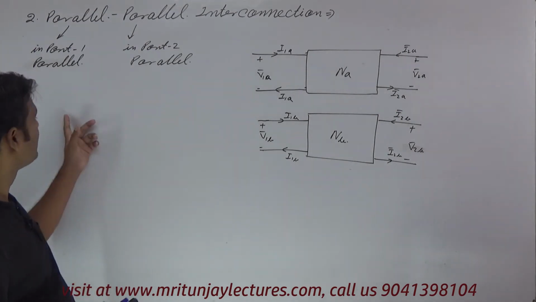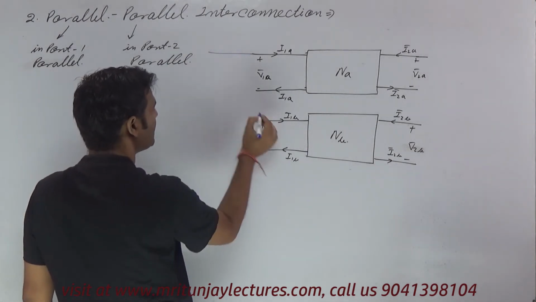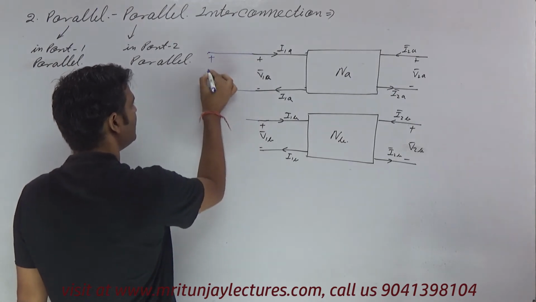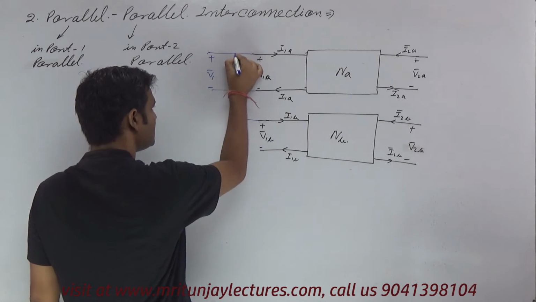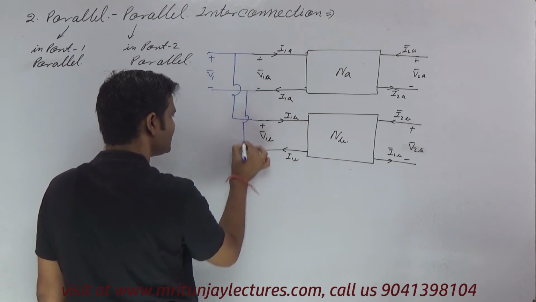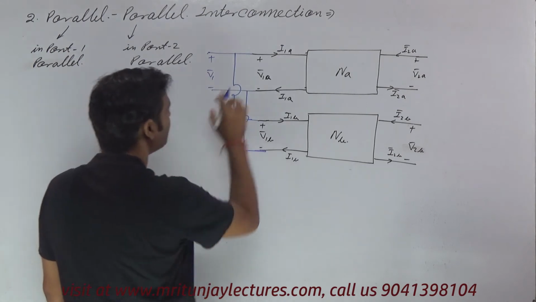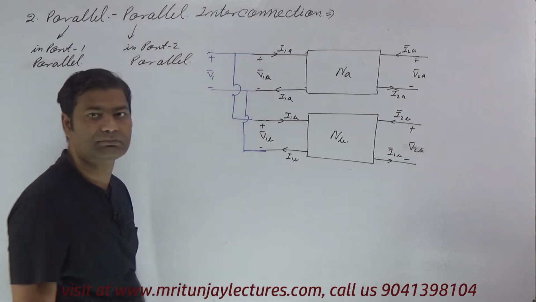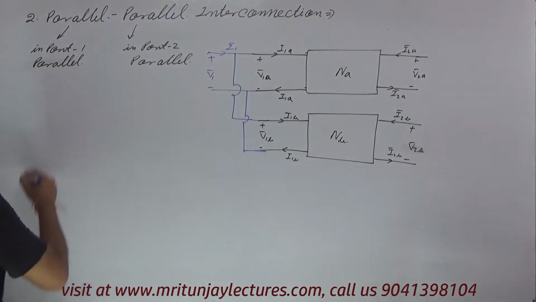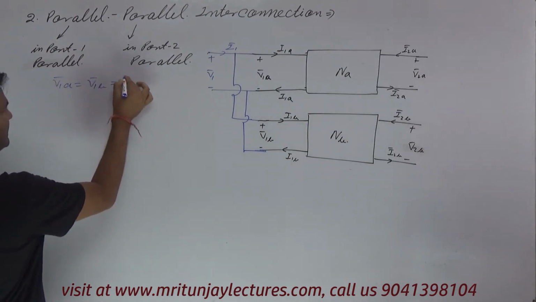Now our port 1 is parallel. Parallel means like this one, that is V1 voltage. Here connect, and this one also connect like this one, parallel. Both voltages are same. Here current I1. So V1A is equal to V1B, which is equal to V1.